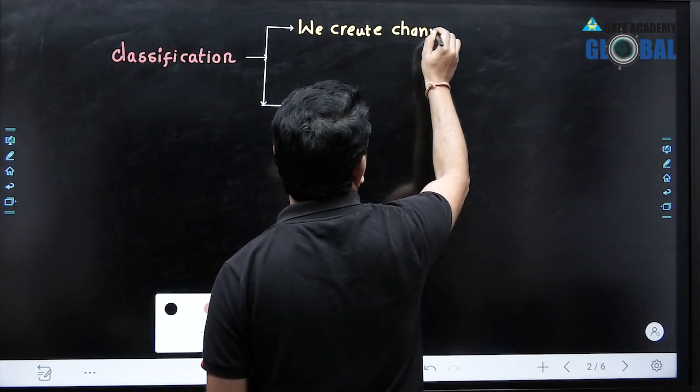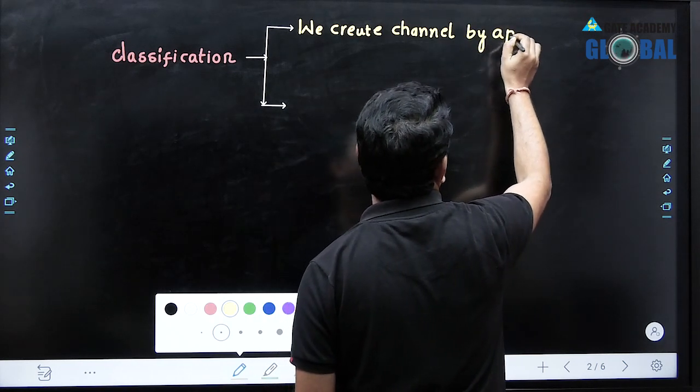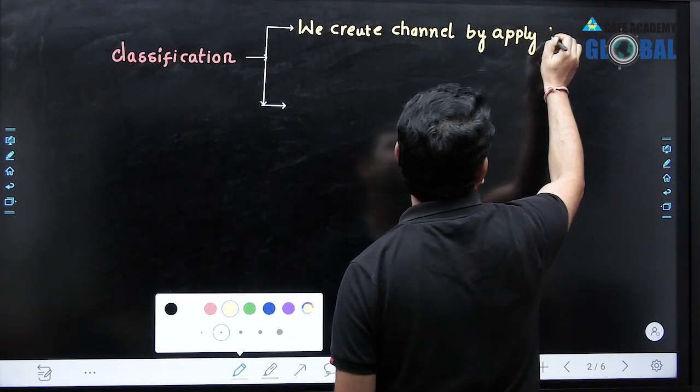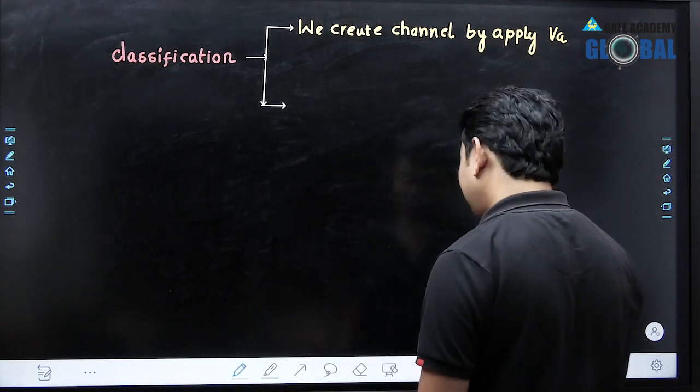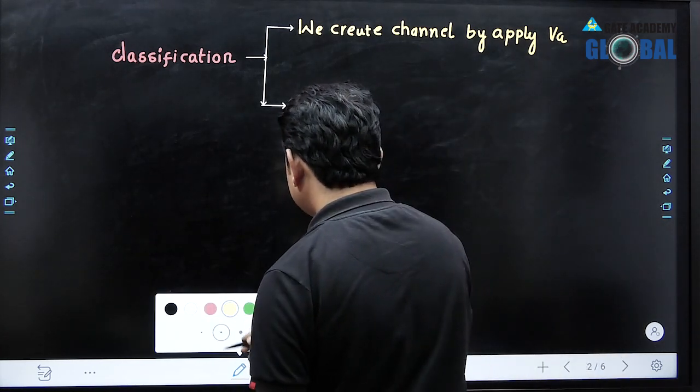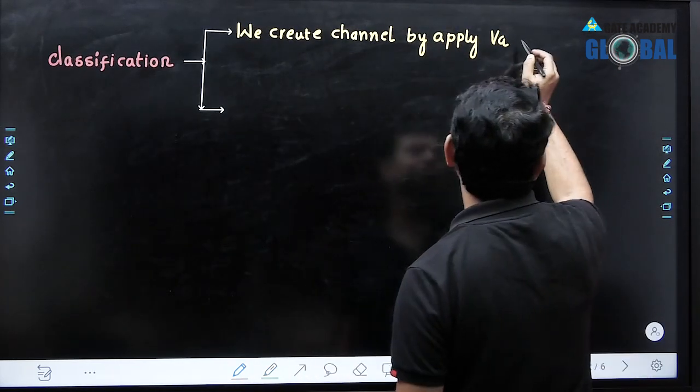If we create the channel by applying a gate voltage, VG, channel means a conductive path, then we can say that this type of MOSFET is known as enhancement type MOSFET.